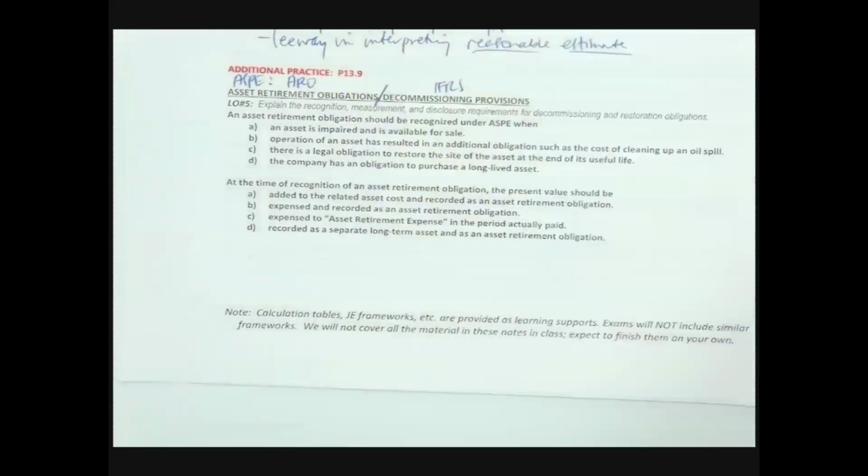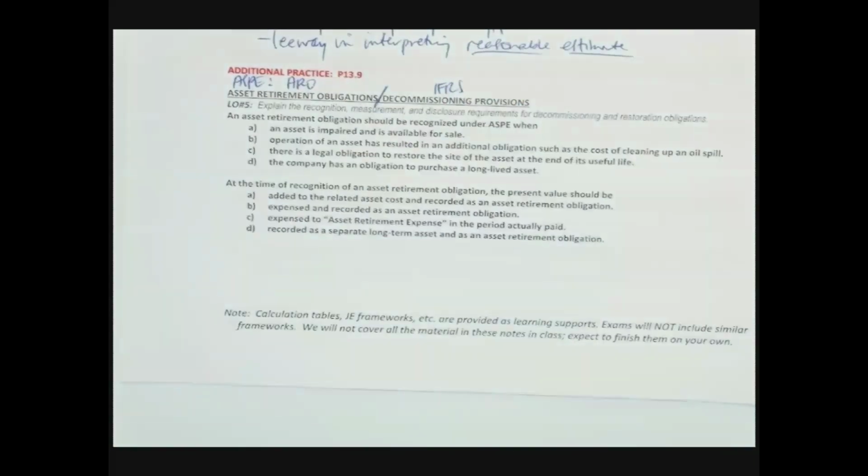Now, let's not get confused here. Could a statement under IFRS rules report an asset retirement obligation? Absolutely. It's the same thing. You can name your accounts the way you want to name them, but if you're searching for it in the standards, search for decommissioning provision.